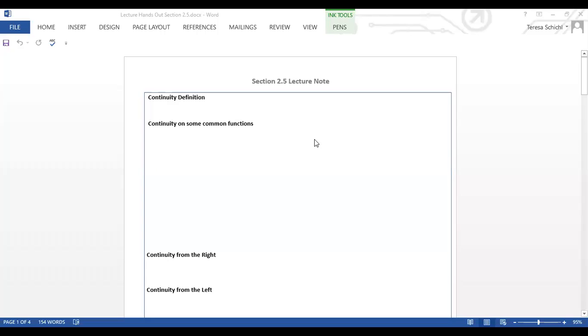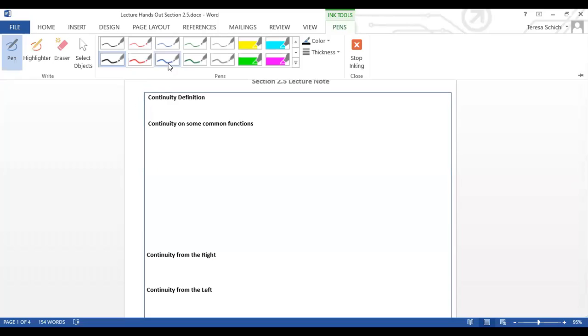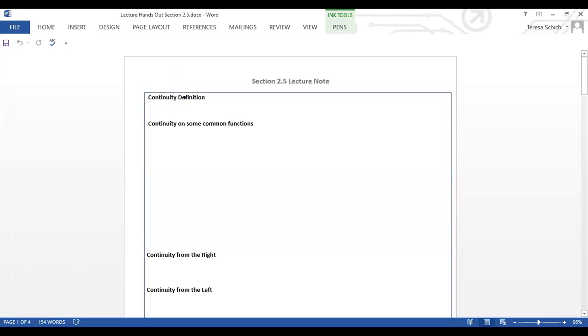Okay, so the first thing, let's go ahead and define what continuity is. If you look at the graph of a function, if this is A and this is B, we say it's continuous here. It's kind of obvious: you see this function is continuous, going without stopping.